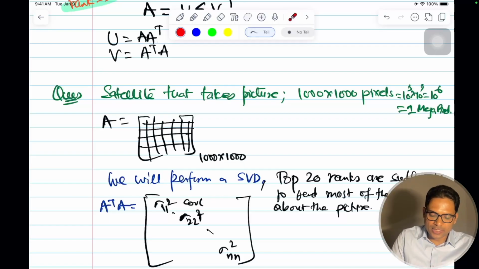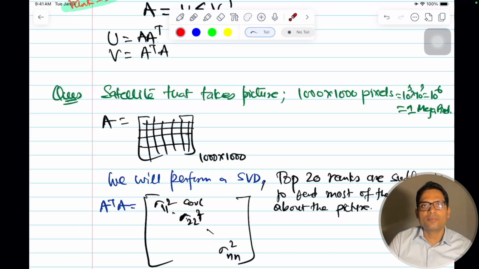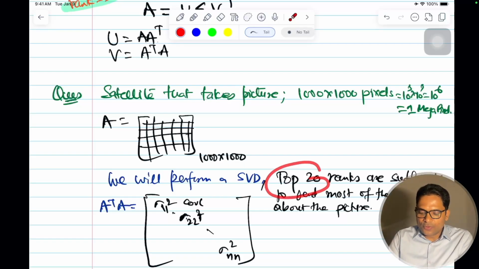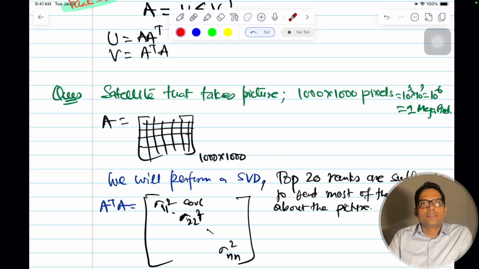That is capturing the maximum variance, and variance is nothing but information, how much variability along that dimension. So we found that the top 20 ranks are sufficient to produce a picture from which we can make out what the picture is about.